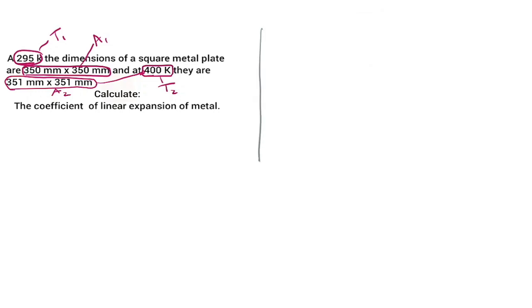We first calculate this area. Say area 1 is equal to 350 millimeters by 350 millimeters.